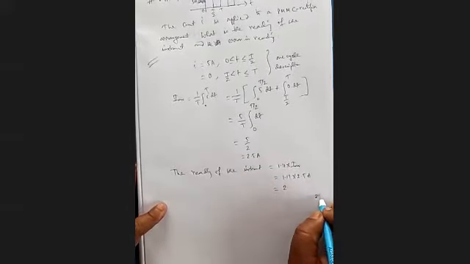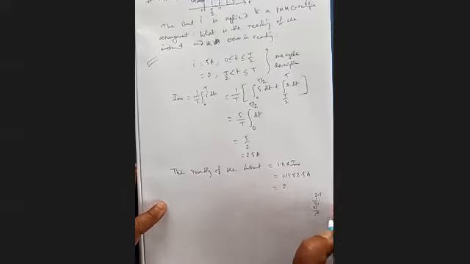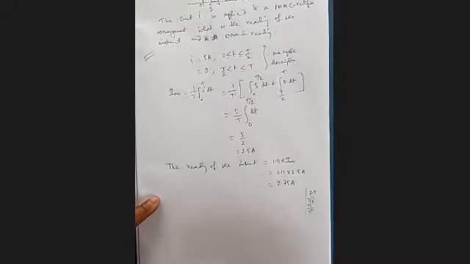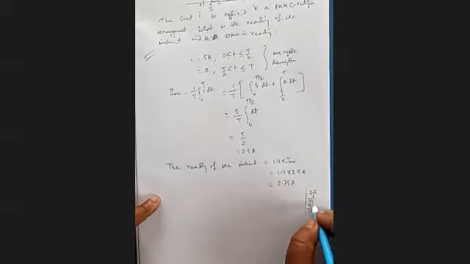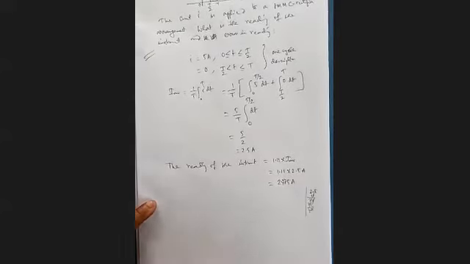Isn't it? 2.5 into 1.11, 2.75. Yes, sir, 2.75 ampere. 2.775. You are right. 2.775 ampere is the instrument reading.